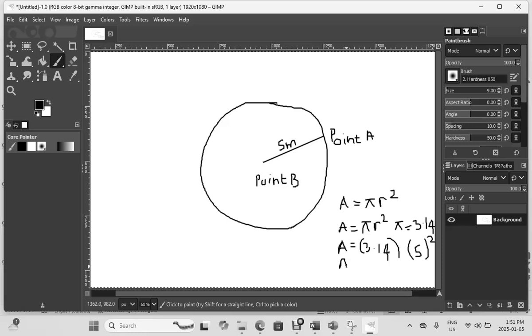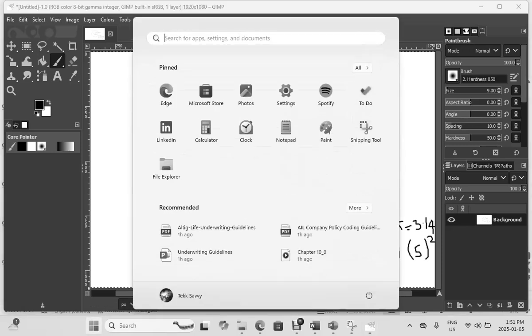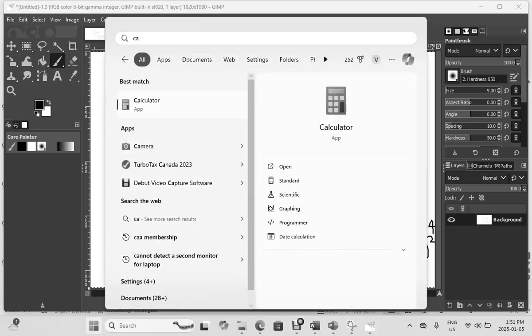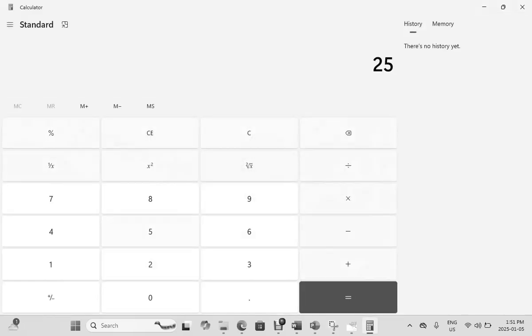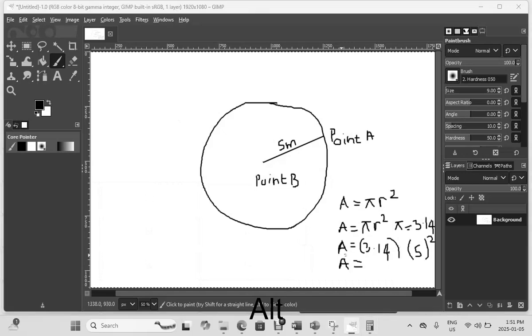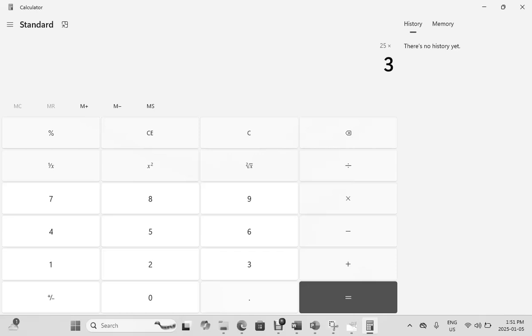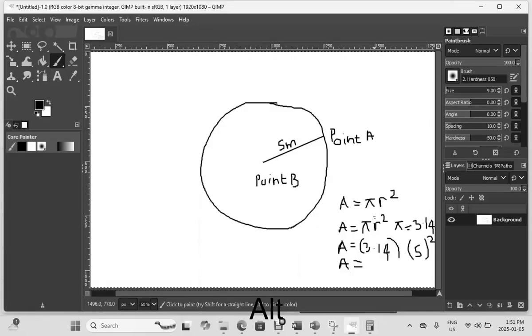So area will be 5 squared, which is 25, times 3.14, which comes around 78.5. So your area will be 78.5 meters squared. This will be your area.